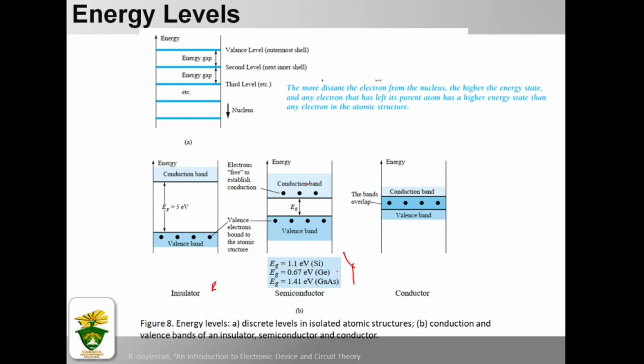Also take note that germanium has the least energy gap to satisfy. And for the conductor, as I said earlier, the conduction band and valence band just overlap, so there is no need for an electron volt or energy gap to satisfy because they have that energy state already; they are in the conduction mode.